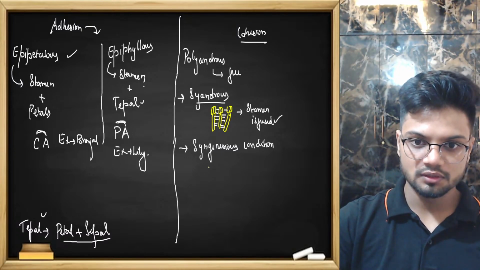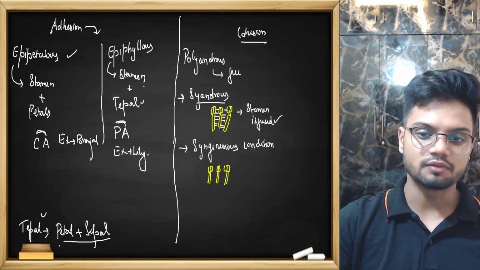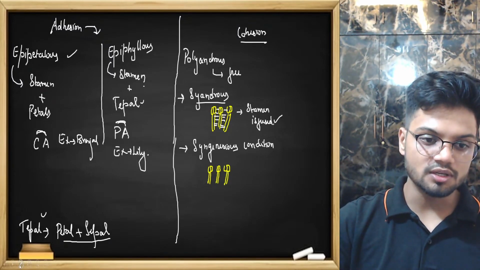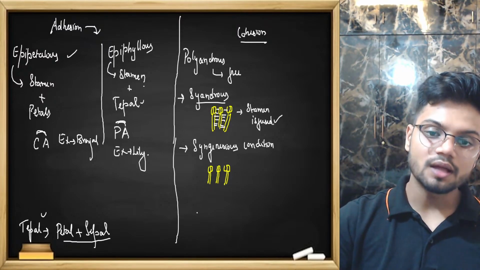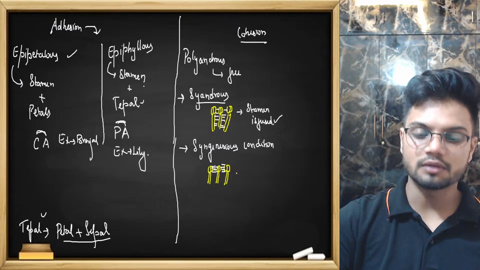Again we have the anther and filament. In the case of syngenesious condition, only and only the anthers are completely fused.